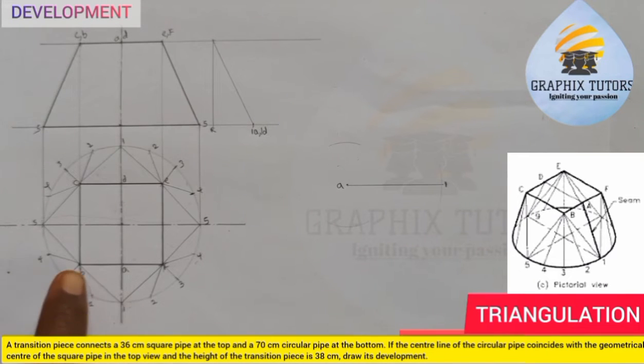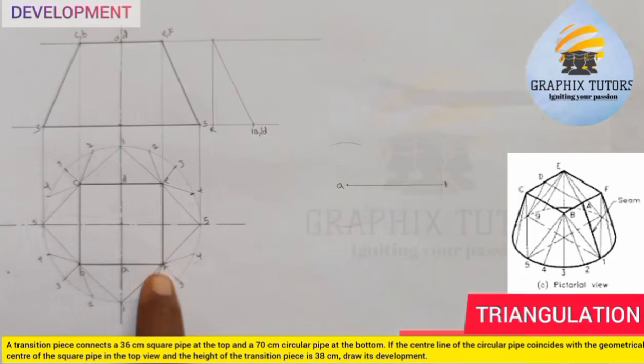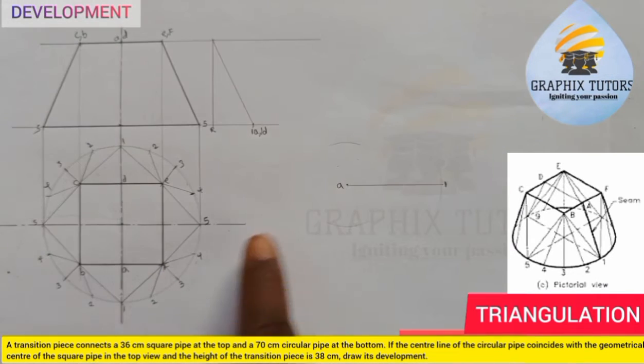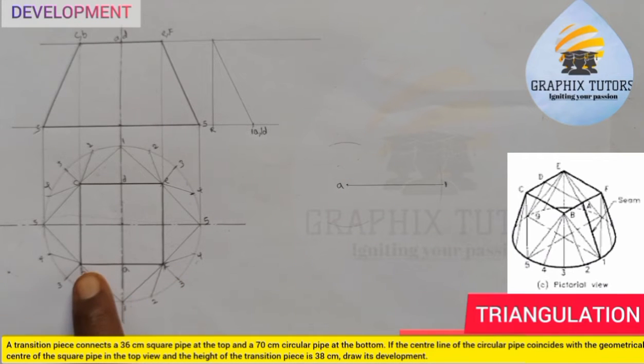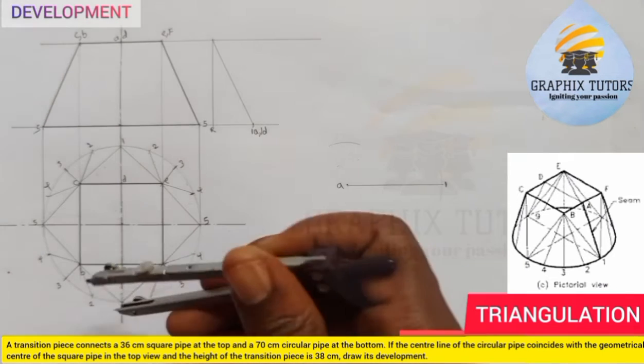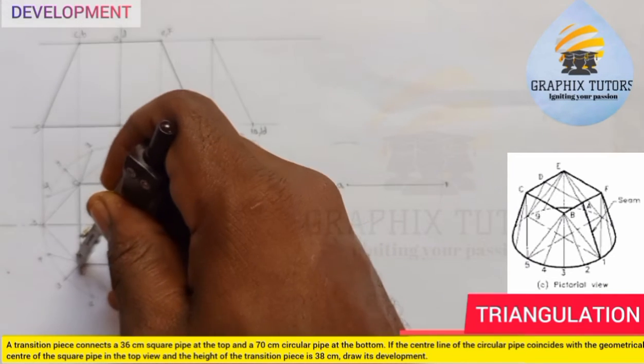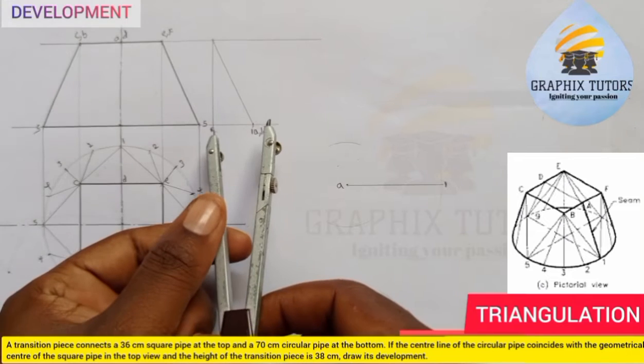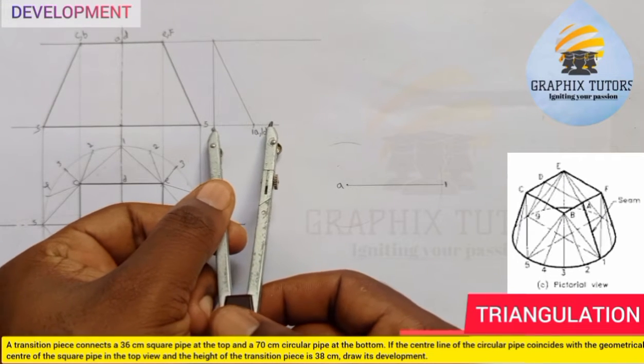Now, towards my left is B and towards my right is F. So BF is here. What do they have in common with A? 1 is connected to F, 1 is connected to B. They are symmetrical. So I'll take my compass, from 1 to B, which is the same as from 1 to F, either of the two. I'll come to this point to get the actual length, the true length, and I'm going to mark.